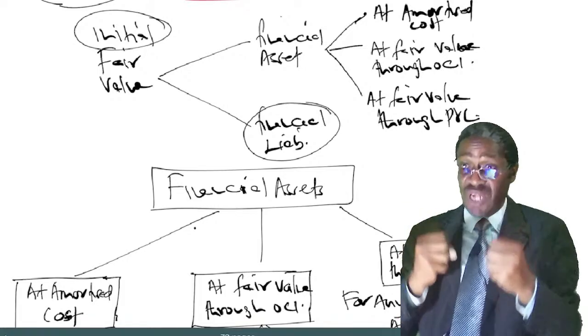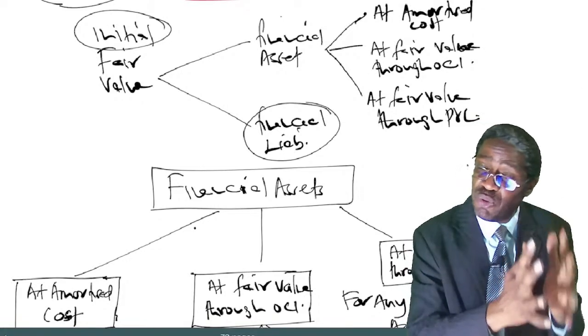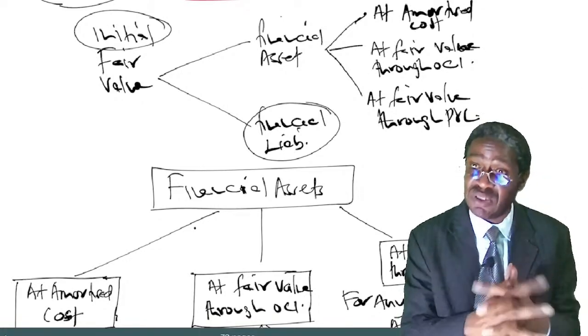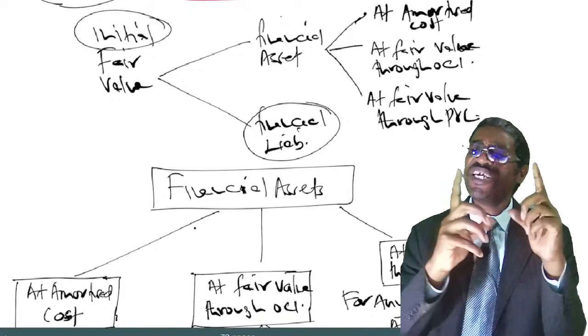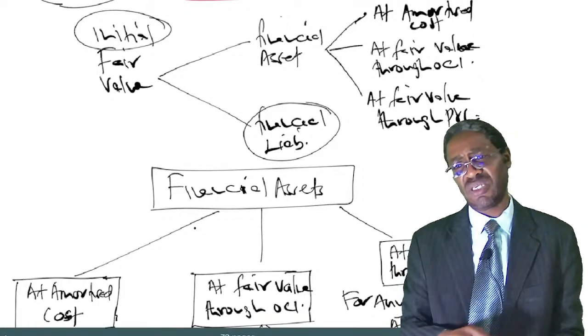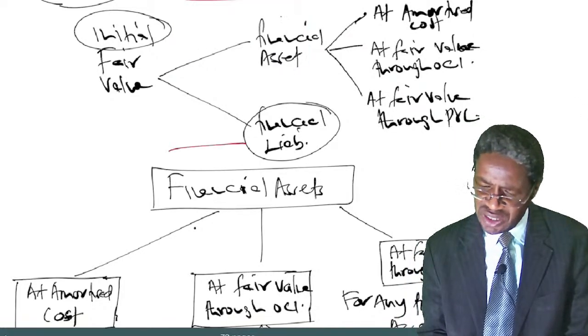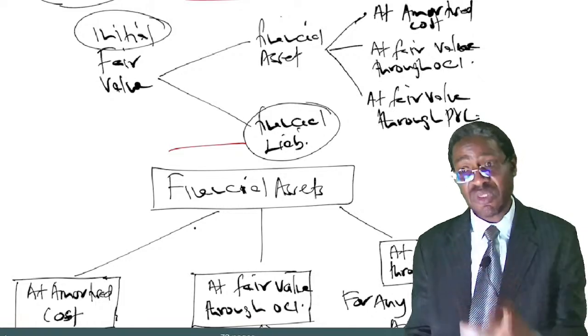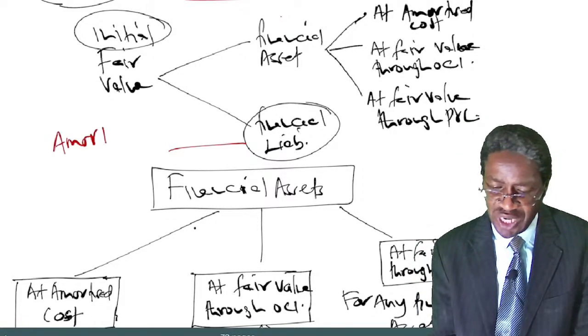He has a financial asset because he bought those investments. Now we are looking at it from the point of view of the borrower who issued the bond. How will he recognize it at the end of the year? Again, all financial liabilities should be measured by the end of the year at amortized cost.